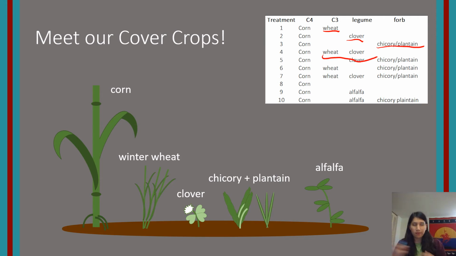So each of them counts, getting at that factorial design I mentioned, where we're accounting for each plant growing in between. If a treatment with just wheat does badly, but a treatment with wheat and clover does really well, then that means clover is probably what's causing that. That's how we're able to gauge those differences through factorial design.